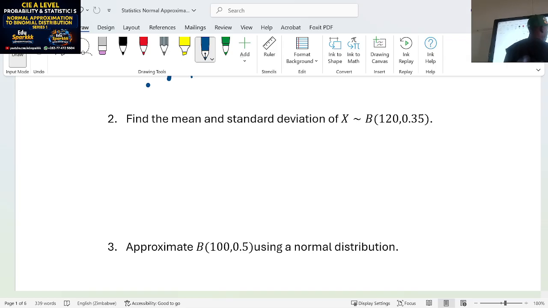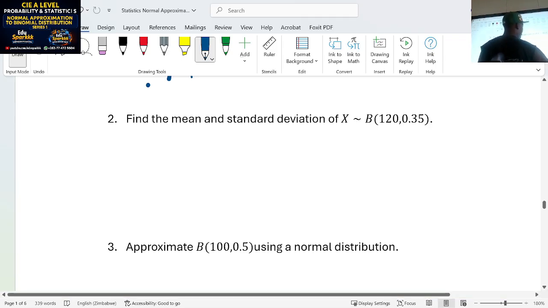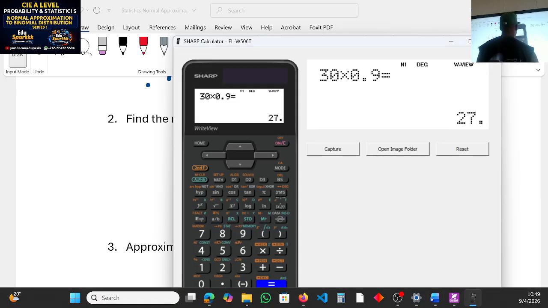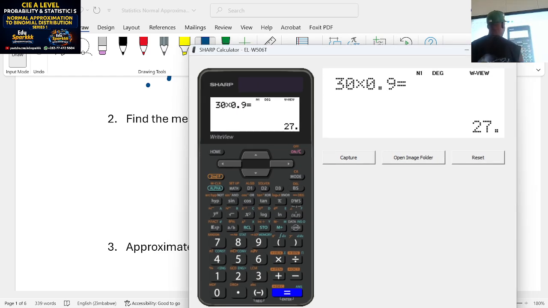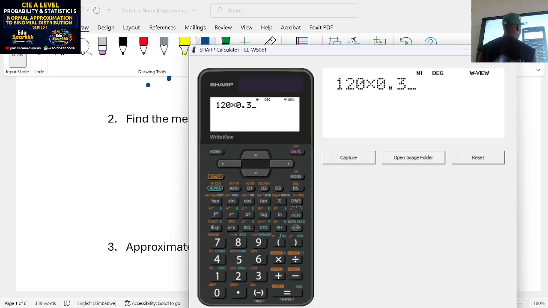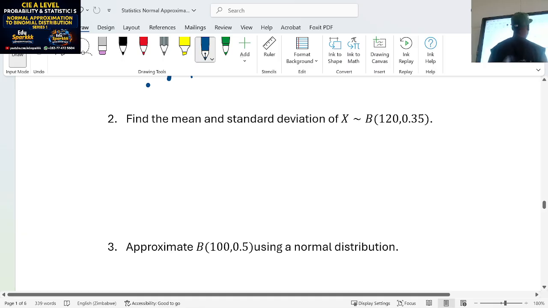Next, find the mean and standard deviation of a binomial distribution with the given values. We are given n equal to 120 and p equal to 0.35. We want np, so it's 120 times 0.35, which gives us 42.